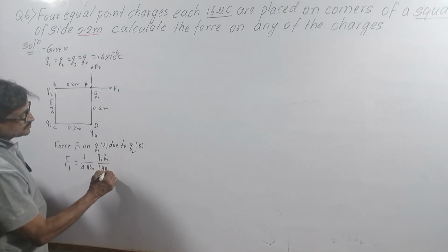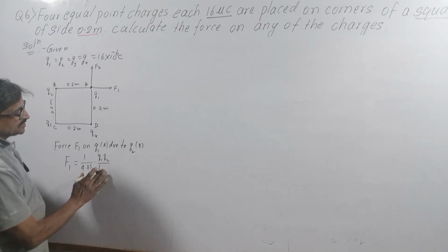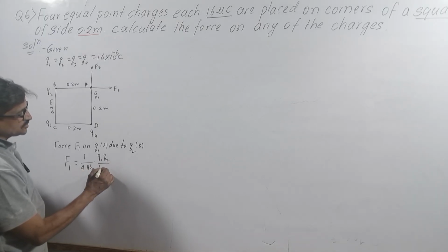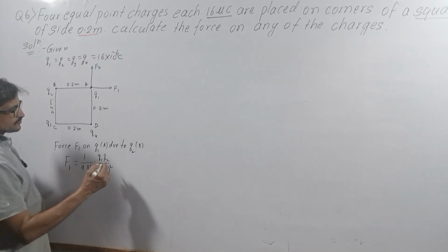Distance is AB square, or you can take BA, according to direction, BA square.